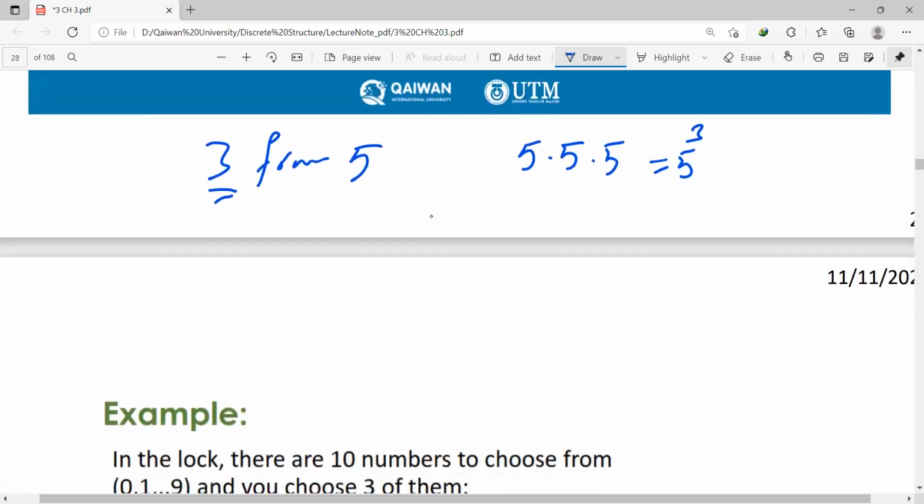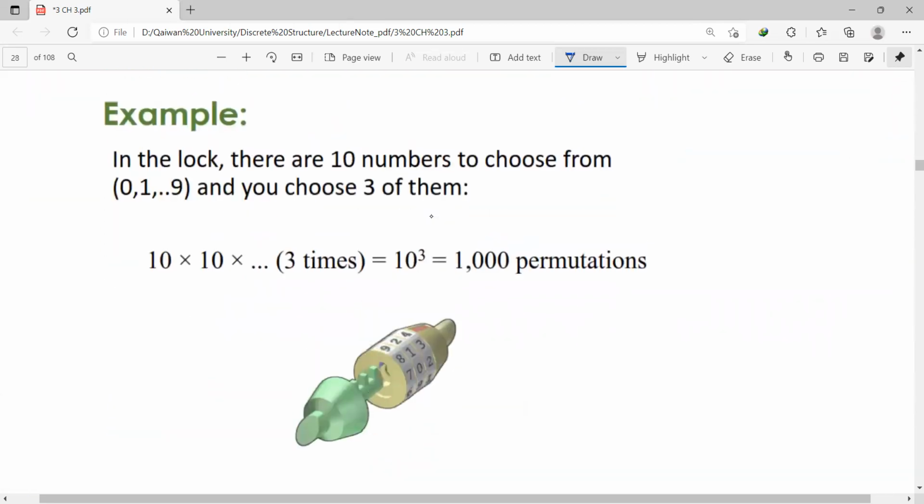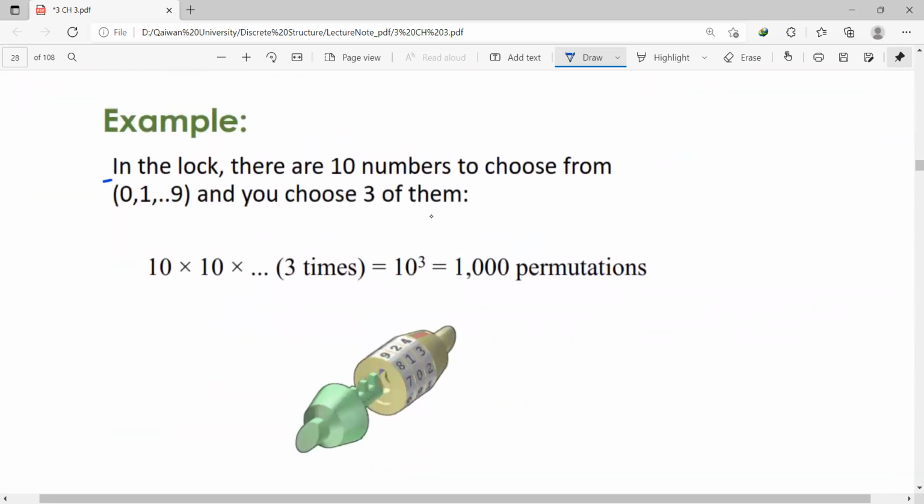Here we take some examples. In a lock, there are 10 numbers from 0 to 9. You choose 3 of them.